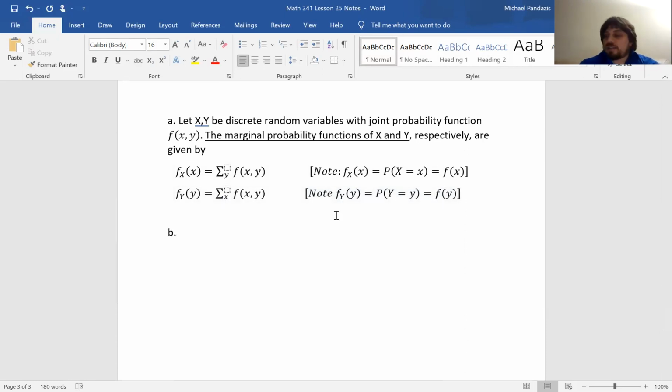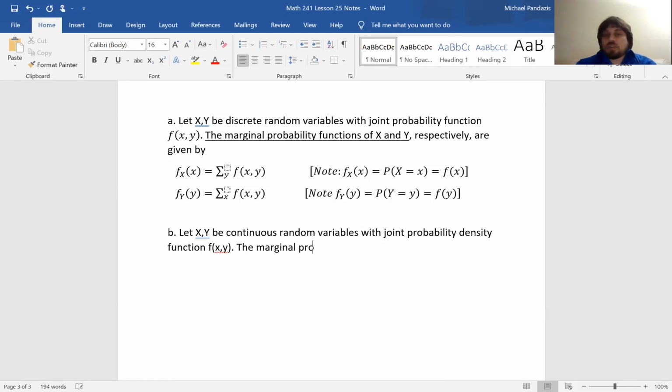Part B, let X, Y be continuous random variables with joint probability density function f of x comma y.